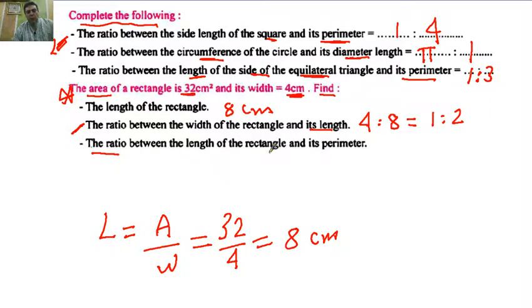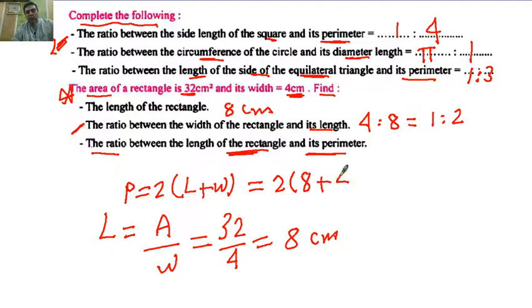The ratio between the length of the rectangle to its perimeter. We must find the perimeter, which equals 2 times length plus width. Length plus width equals 8 plus 4, 12. 12 times 2 equals 24 centimeters. That's the perimeter.